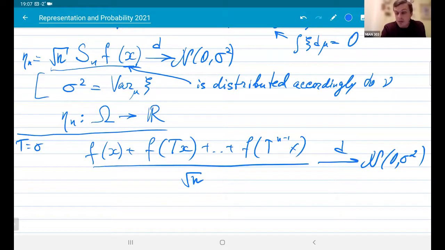So this is the natural idea. The convergence is something that you can observe when you normalize the sum by 1 over square root of n, and this is a somewhat natural situation.